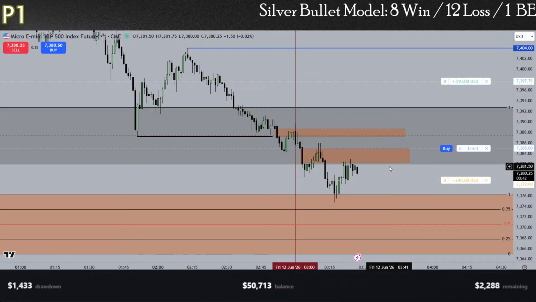So I'll be closely watching if we can line up with the time 330 or slightly after it, and price, that would mean this bullish inversion fair value gap. But for this to happen, we need to close above it first. No close, no entry.